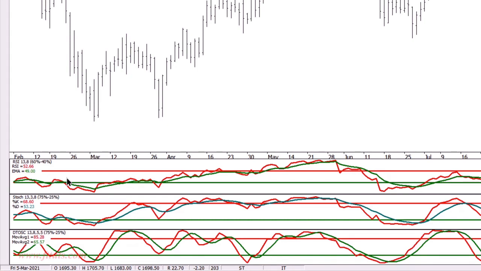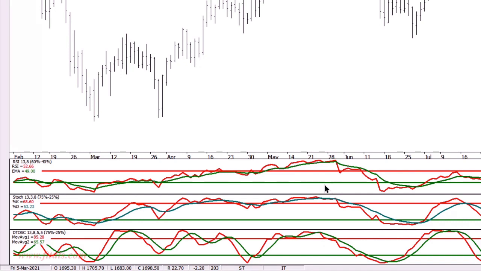In fact, you can see all 3 of these indicators more or less show us the same information. They all have overbought and oversold zones. They all have two lines, which means that the raw data, in one form or another, is then smoothed, or we take a moving average of it to smooth out the trend of the line.